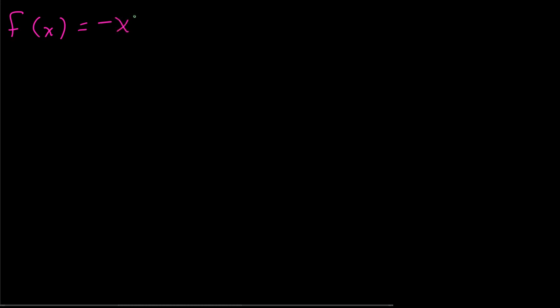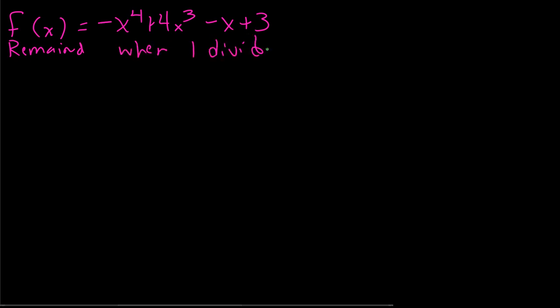Alright, so I have negative x to the 4th plus 4x cubed minus x plus 3. And I want to find the remainder when I divide by x minus 3.